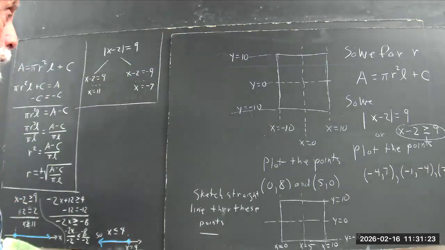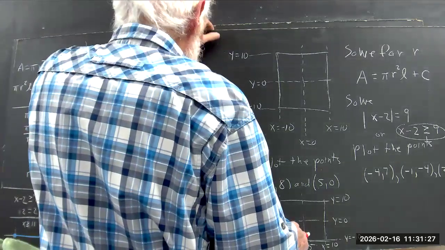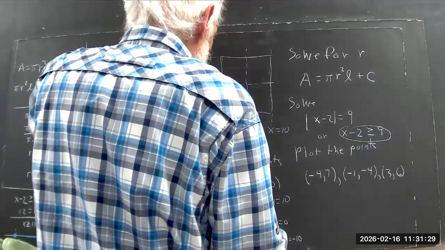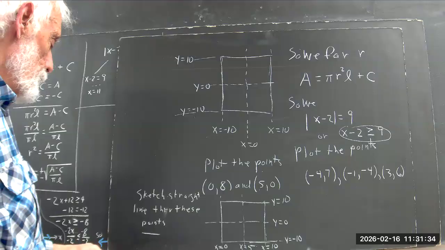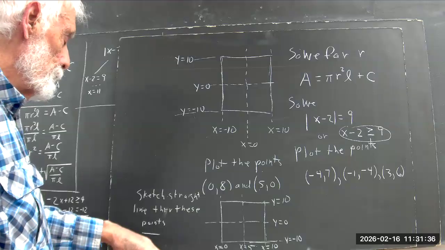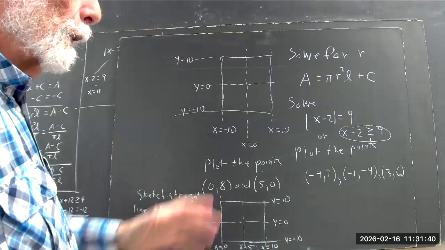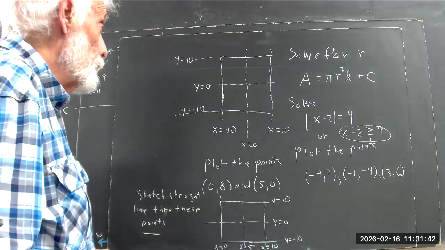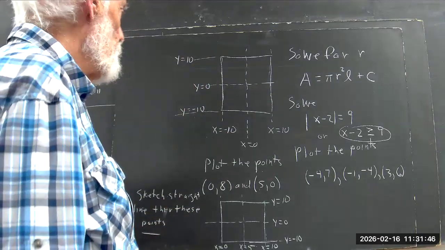Okay, now we move on to graphing. And I've just asked everybody to plot points. Now I've drawn a rectangle. So it's pretty much a square on the board, but any rectangle will do. Okay. And I've got a left edge and a right edge.